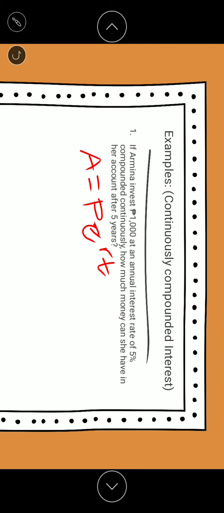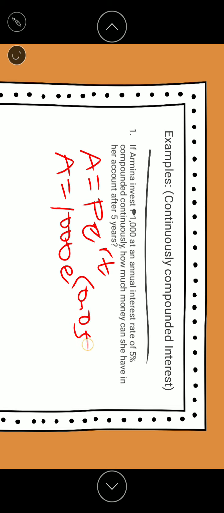Then next, substitute all the given values to the formula. So copy A equals P is for 1,000, E is constant, so we just put it here. R is 0.05. Then time is 5 years.